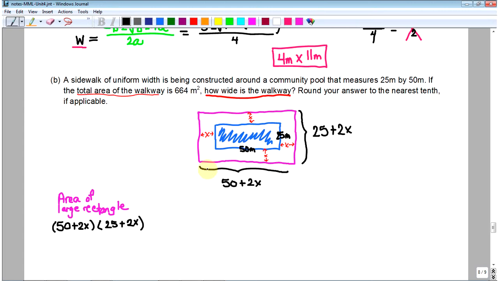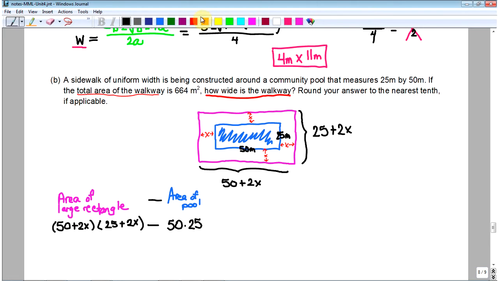But that's not the area of our walkway because that also includes the pool. So what we have to do is subtract the pool area. So minus the area of the pool. So that will just be length times width. So we're subtracting 50 times 25.